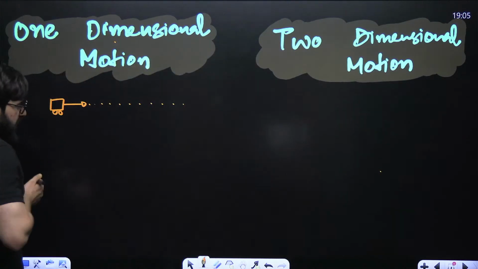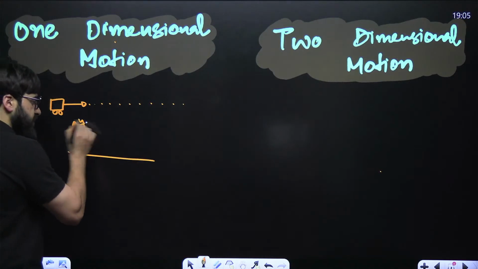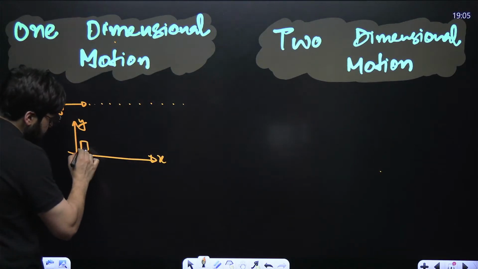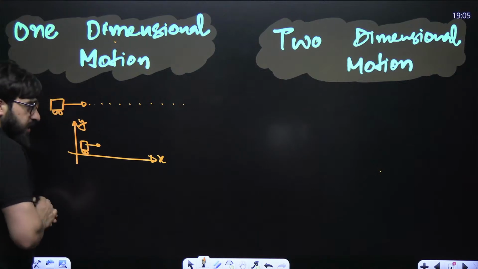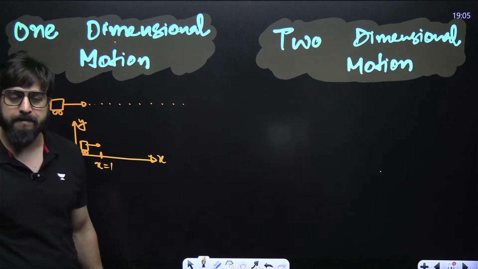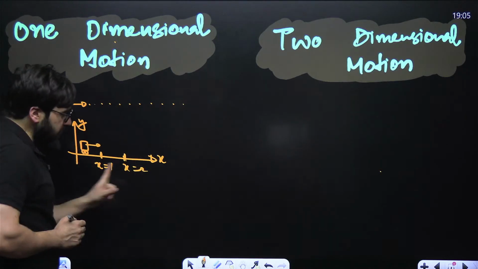Now let's suppose I make the coordinate system over here. This is the y-axis and this is the x-axis. And if this car is moving something like this, here it has reached x is equal to 1, here it has reached x is equal to 2, and so on.